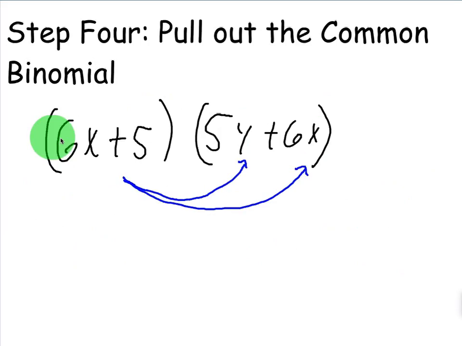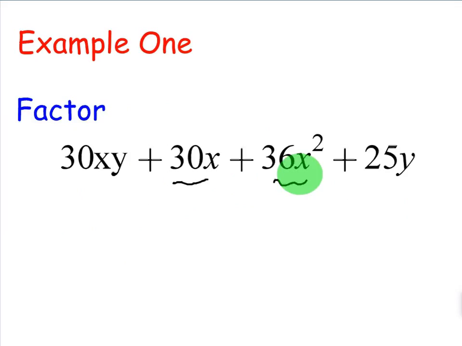Okay? Now what I'm showing here with the arrows, you can check by foiling out. But again, you don't have to do that necessarily. I would rather just go back and make sure I did my steps right. But the point is, if you do foil this out, you should get the original problem back.